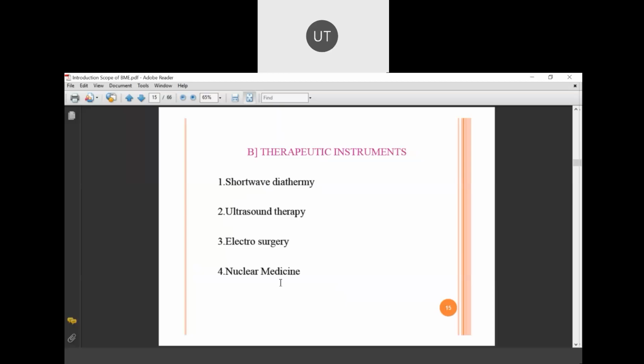Then therapeutic instruments: ultrasound therapy, electrosurgery, nuclear medicine, shortwave diathermy. These are the therapeutic instruments where we can provide treatment. Suppose, for example, you take nuclear medicine. In nuclear medicine, we give some radioactive material to swallow in a very small amount with a safe limit dose, and that is swallowed by a specific patient or person under consideration, and then the images will be obtained, and how that path is followed will be obtained.